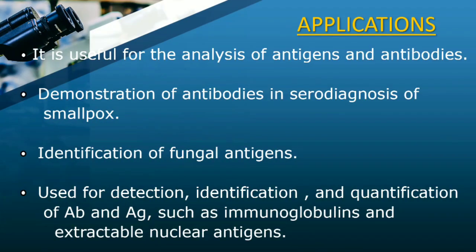Applications: it is useful for the analysis of antigens and antibodies, demonstration of antibodies in serodiagnosis of smallpox, and identification of fungal antigens. It is also used for detection, identification, and quantification of antibodies and antigens, such as immunoglobulins and extractable nuclear antigens.